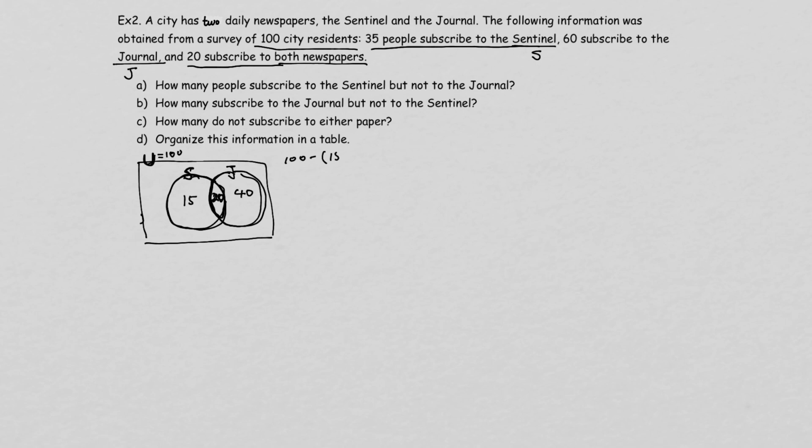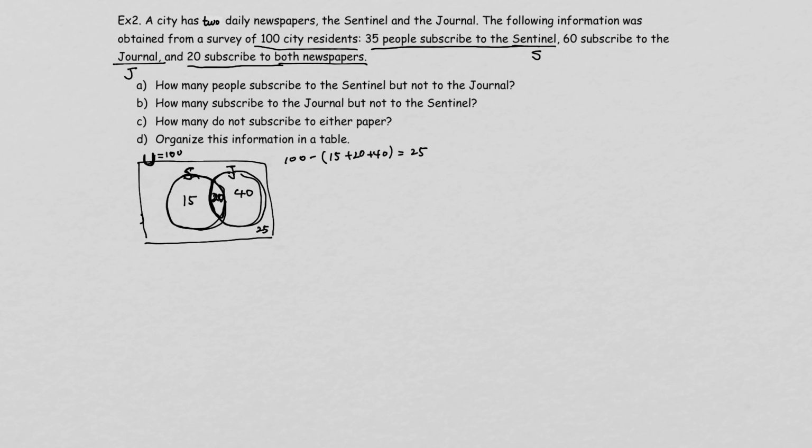You're adding 15, 20, and 40. And then subtract from 100, you get 25. So that will be the people that do not subscribe to either of those 2 newspapers. With that Venn diagram, we should be able to answer these questions.